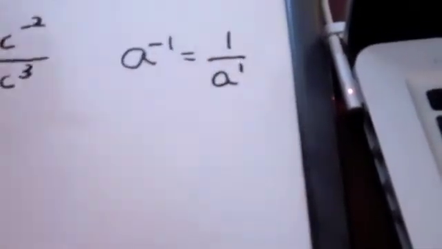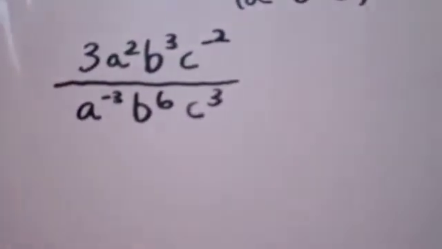So just remember, if we have something like a to the -1 power, we can simply rewrite that as 1 over a to the first power. And the good thing about that is that we can also go both ways. If we had a -1 down here, we could simply make it positive by bringing it up to the numerator.